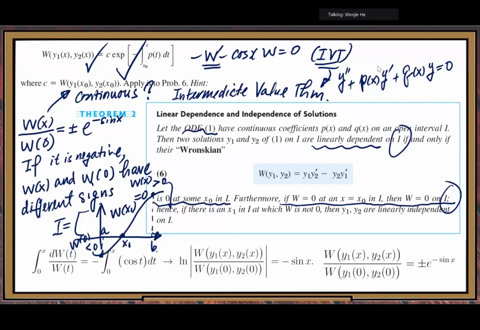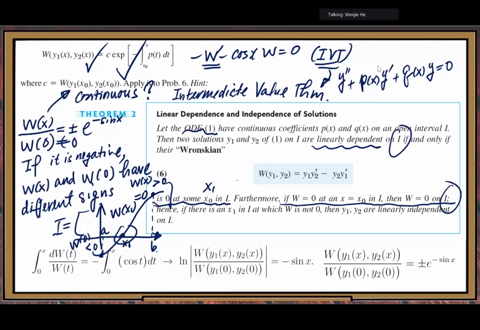In the I interval we find a point x1 such that W of x1 equals 0, so it implies W equals 0 on the whole interval I. But in our given condition, W of 0 is not equal to 0, right? It's a contradiction.